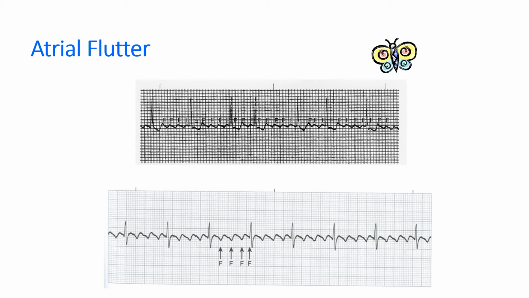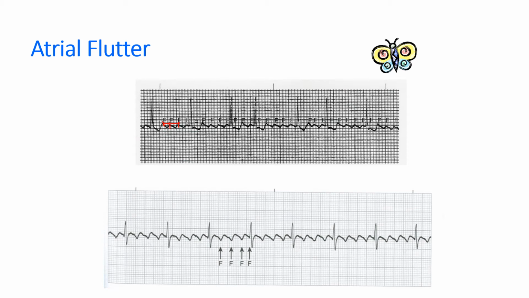If you're looking at the top one, you can take your calipers and put them at the top of a flutter wave and to the top of another flutter wave and count how many boxes there are. There looks like about 6 boxes.